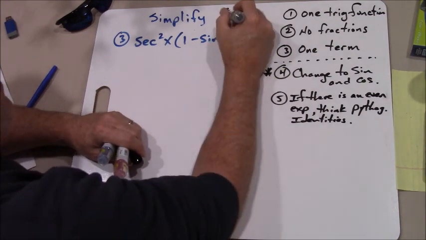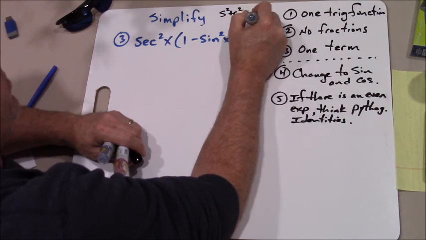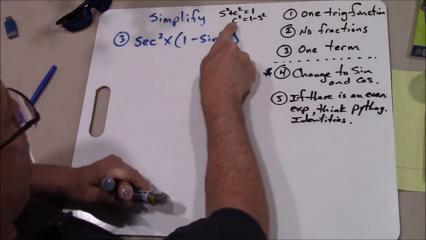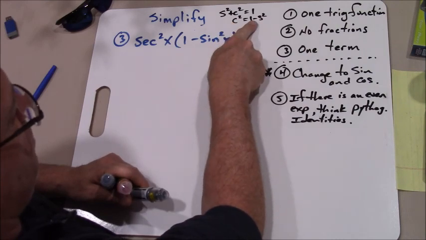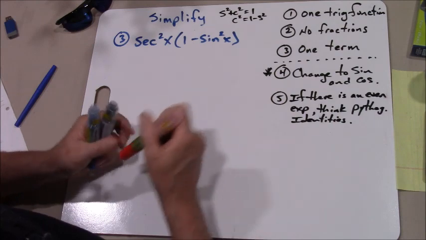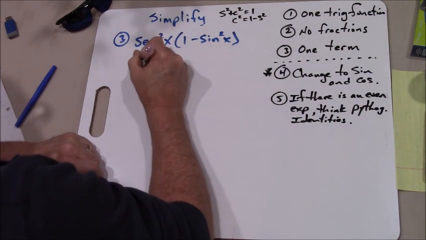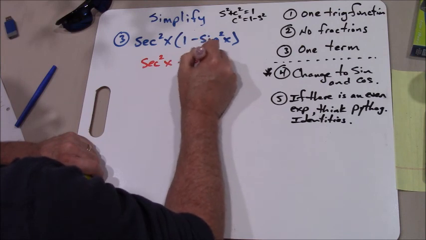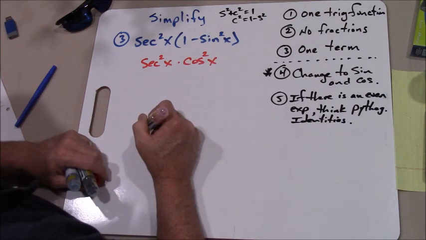And so what I have is cosine squared equals 1 minus sine squared. So I could put a cosine squared of x in place of 1 minus sine squared of x. So now what I have is a secant squared of x times a cosine squared of x.